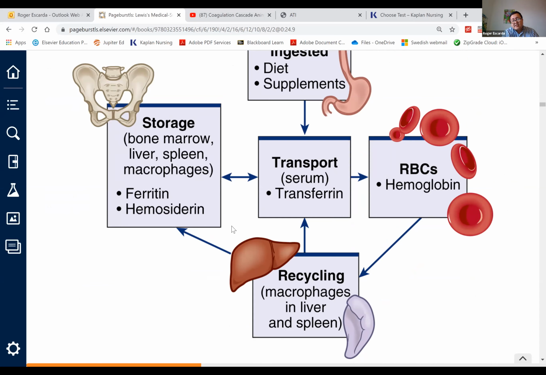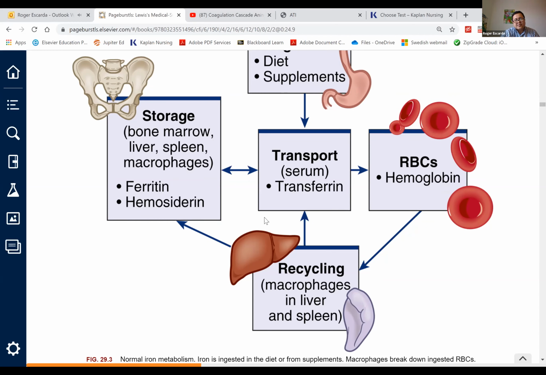So your macrophages eat the dead red blood cells, and the iron component there is recycled, and the heme and the globin part is also excreted. That's actually the color responsible for why our stool is brown and our urine is yellow. It's really part of the red blood cell recycling. So nothing is wasted, everything is used for another function, another purpose.